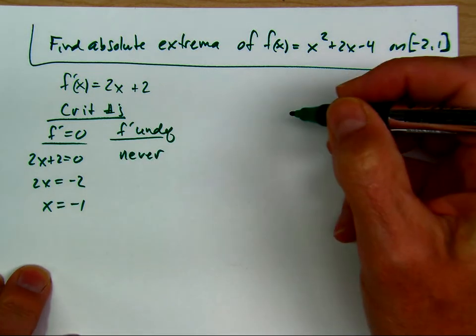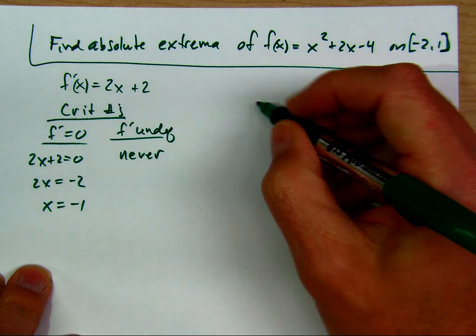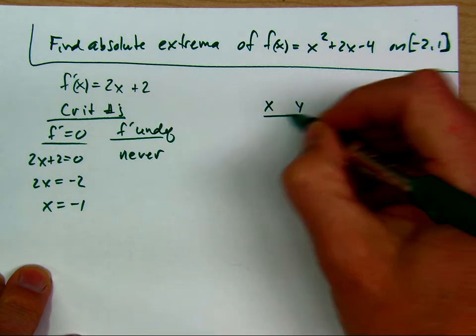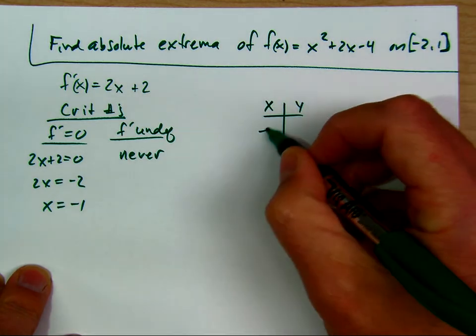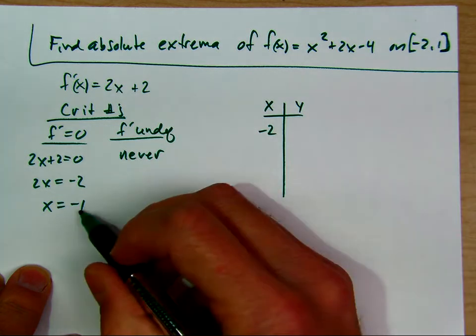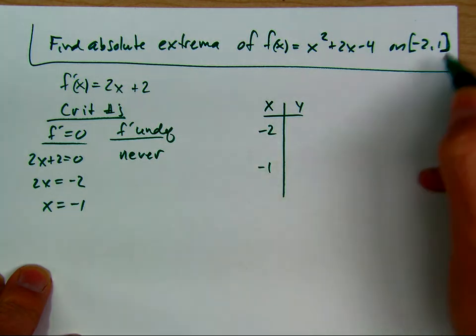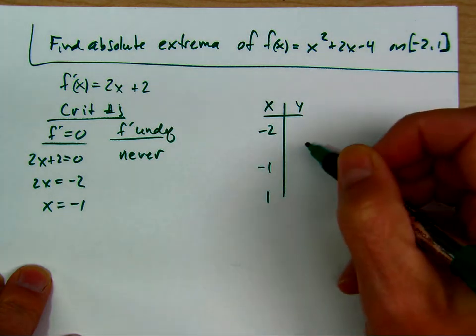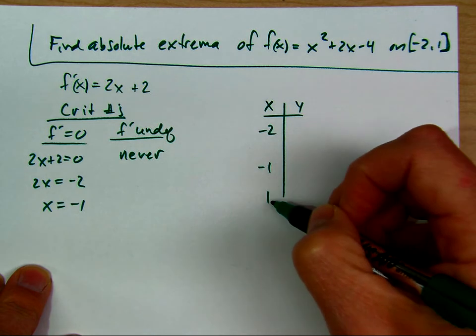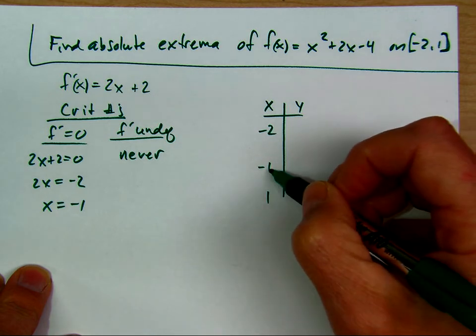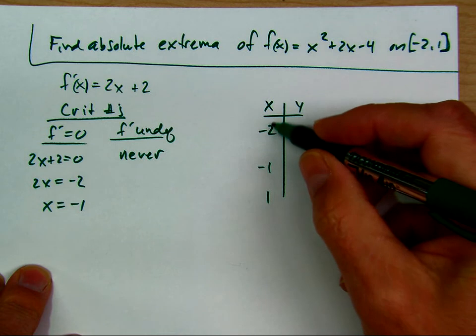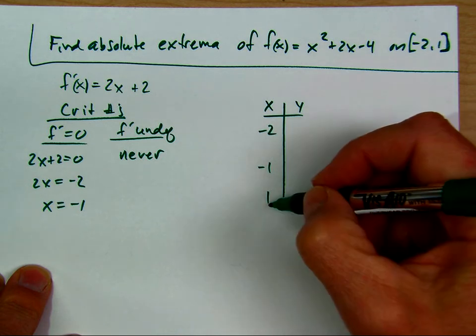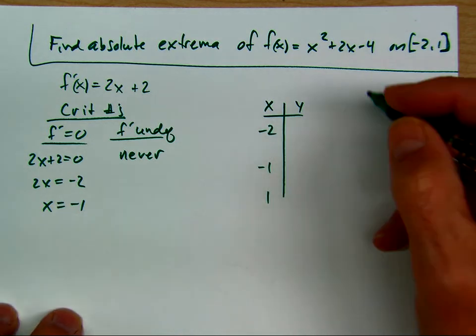Then we need to find the highest and lowest y values. So let's look at the endpoints, negative 2, the critical number, and then the other endpoint. These are the possible x values where there could be a maximum or minimum.